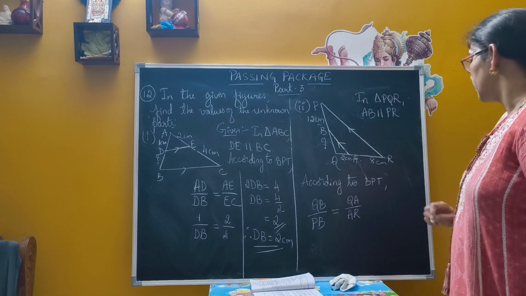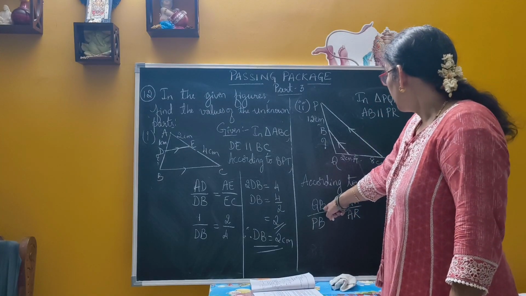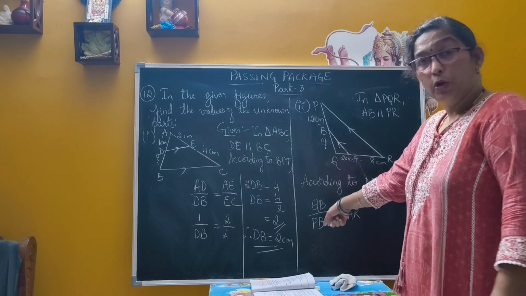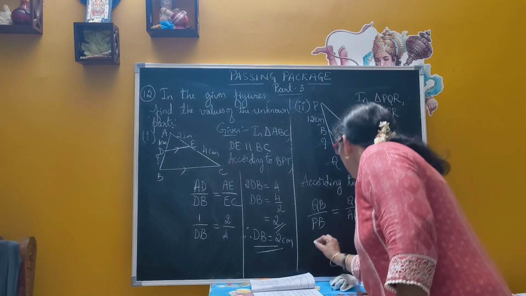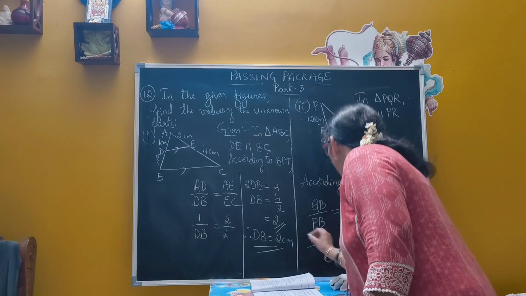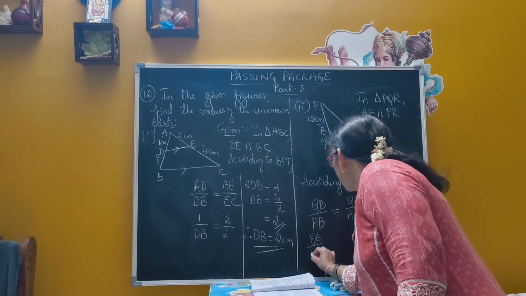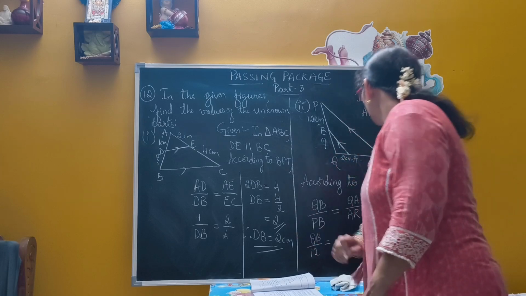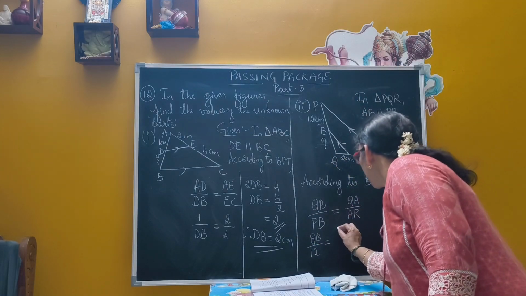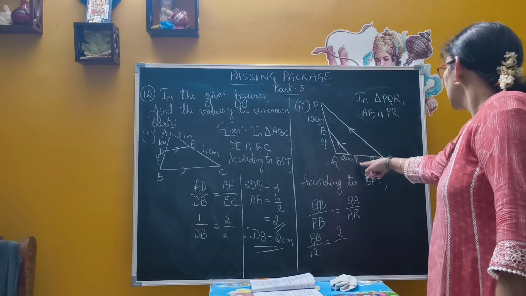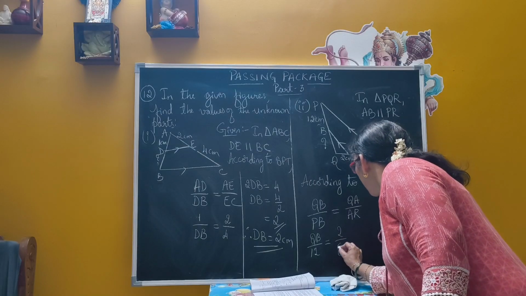Let's substitute the values now. QB how much? We don't know. Keep it as it is. So QB by PB is equal to how much? PB is 12 centimeter. 12 divided by QA 2 centimeter by this one AR is 8 centimeter.